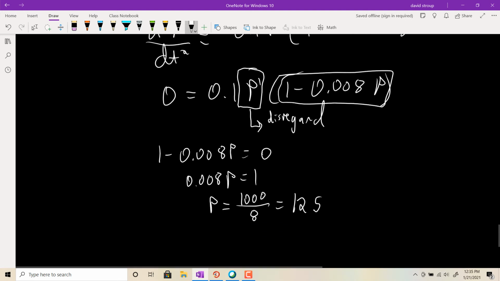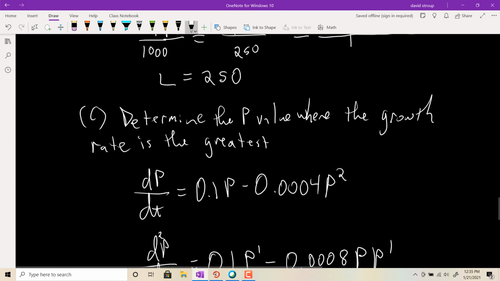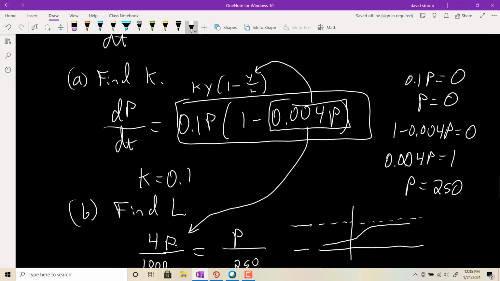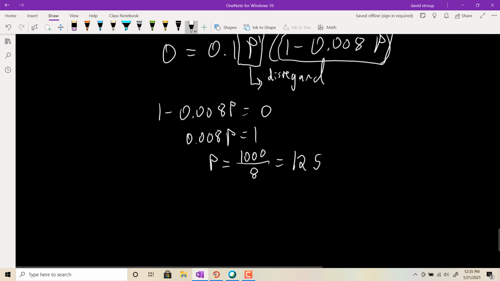Okay, so the population is growing the greatest at 125. Anybody notice what that number is? That's just half the limiting capacity, L, right? L is 250. P is 125, and that will always be the case. So if you just go through it in general, you'll determine that to work in that way.